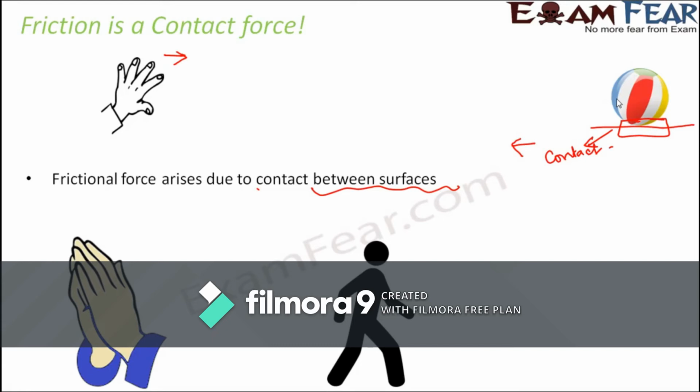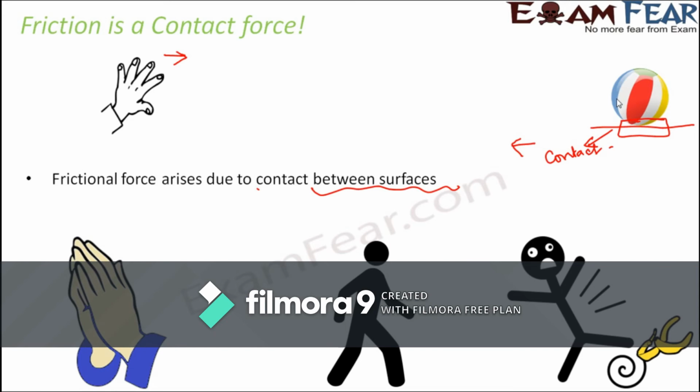While you are walking on the road, on the ground, you are able to walk because of the force of friction. If friction is not there, you will not be able to walk. You will slip over the ground. For example, when you step over a banana peel, what happens? You tend to slip. That's because it is very slippery.